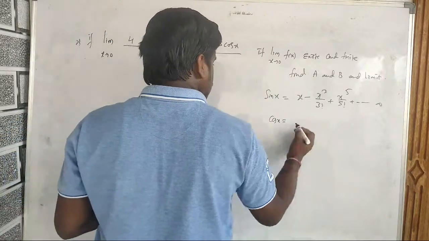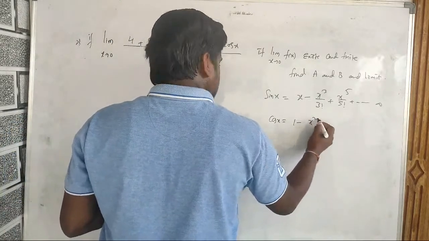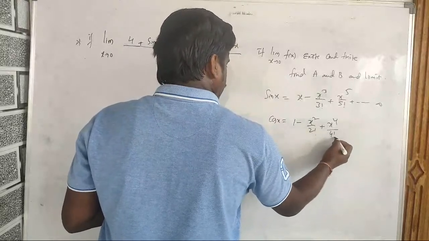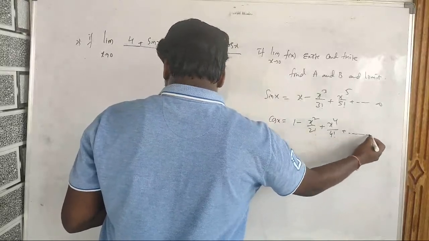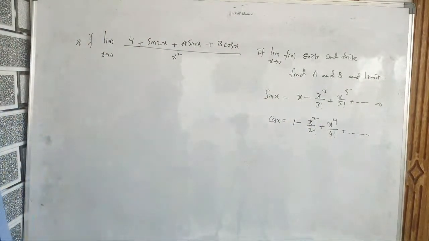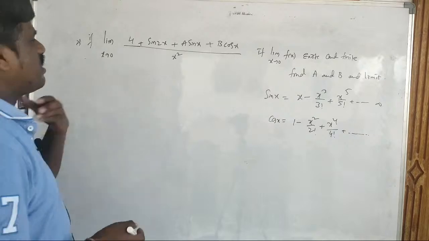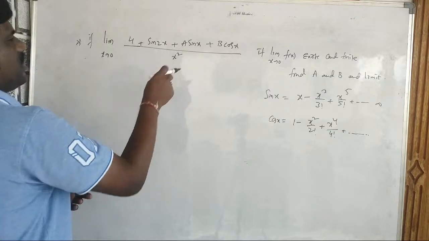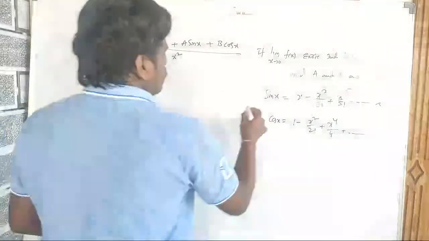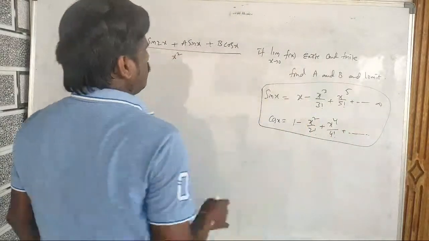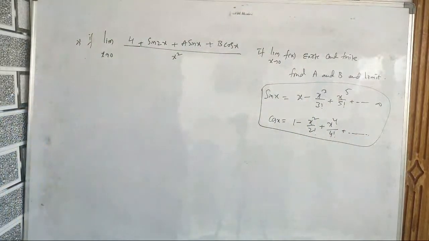Cos x expansion is 1 minus x square by 2 factorial plus x power 4 by 4 factorial, and so on. So these two expansions are required for solving this question. You have sine 2x and cos x divided by x square. So I need to use these two expansions to solve this question, and this is a most important question. Make a star for this.